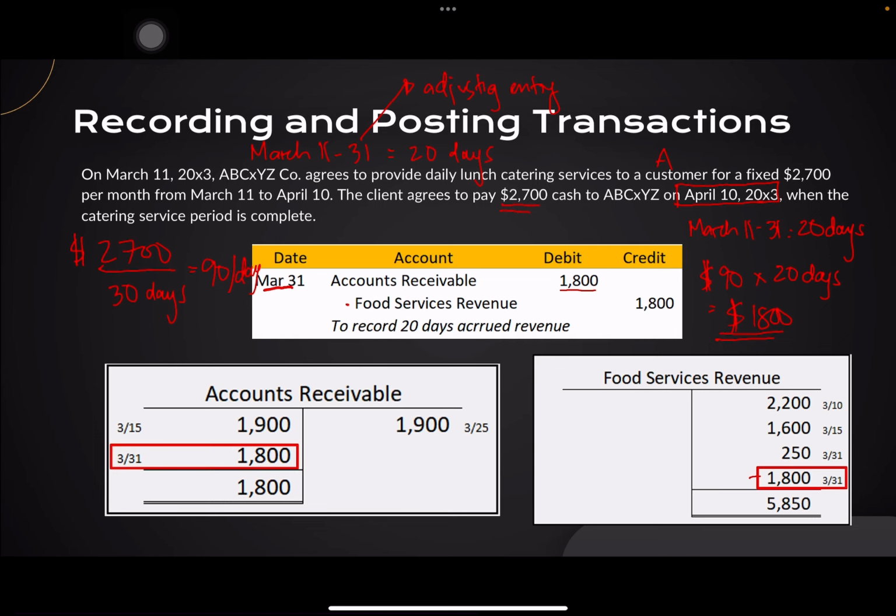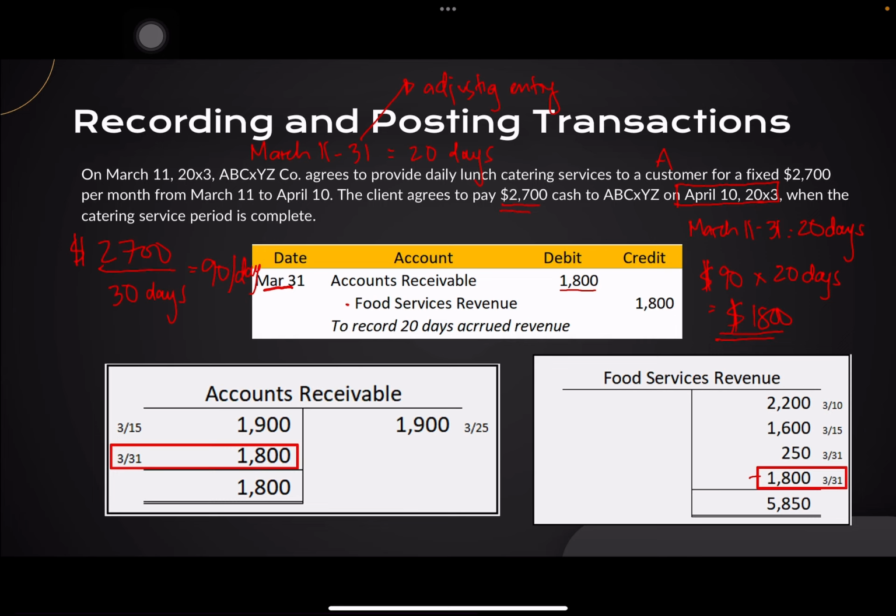So we prepared this adjusting entry for the very reason that we should recognize revenue when we actually earned it. And when we say earned it, it doesn't necessarily mean that we should get cash payment from our customer. Instead, once we provided the services to them, once we delivered the items or goods to them, that already constitutes that we deserve the income, the sales, or the revenue as a result of our actions.